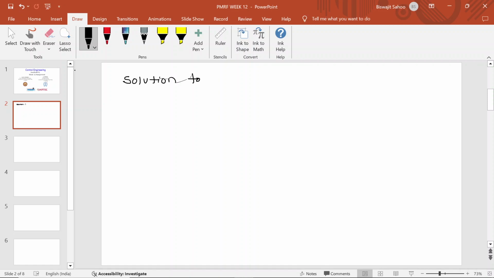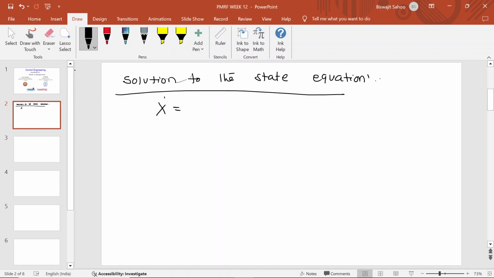Solution to the state equation. Here I told you last time that x dot equals Ax plus Bu. This is a non-homogeneous state equation, right?